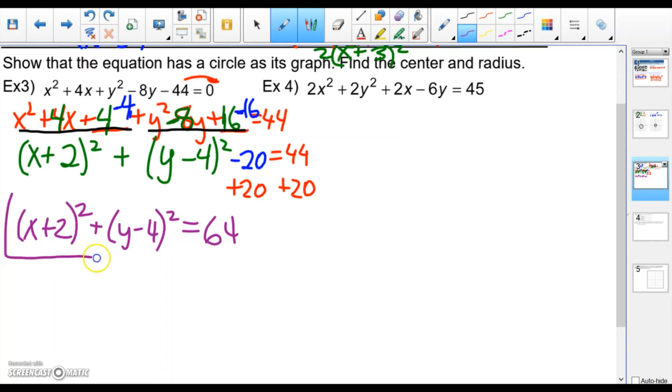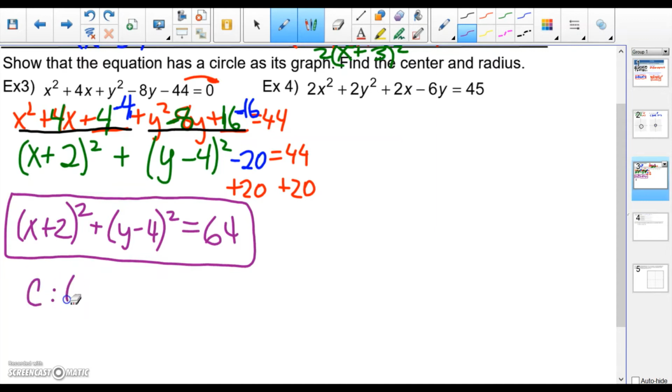That equation right there shows that we have a circle. This is center radius form. We can see that the center is at -2, comma 4, and the radius, the square root of 64, is 8.